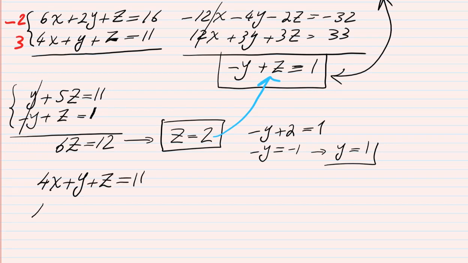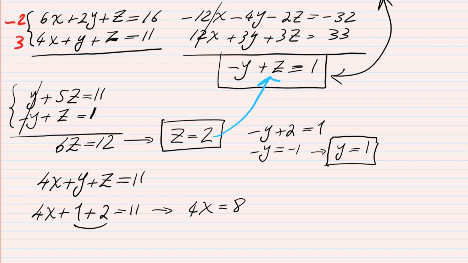And x is the unknown. y turned out to be 1, and z is 2, equal 11. So from this, 1 and 2 makes 3, subtract 3 from both sides, and this leads to the solution, divide by 4. The solution is 2 for x. And there we go, we've solved this.